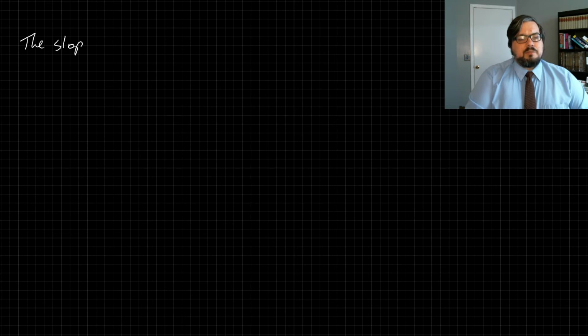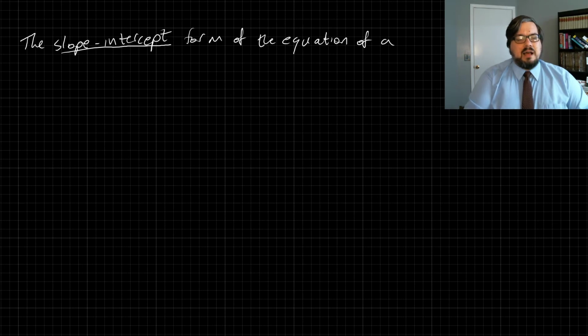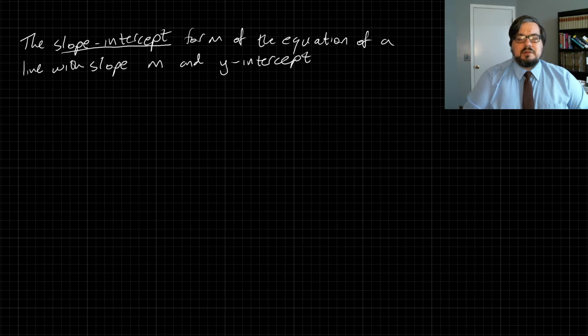The slope-intercept form of a line, or I should say of the equation of a line with slope m and y-intercept 0, b is y equals mx plus b.